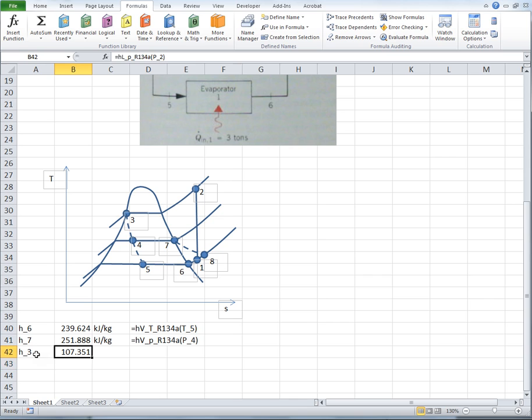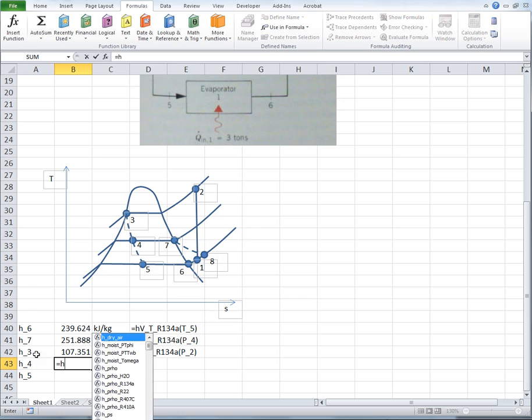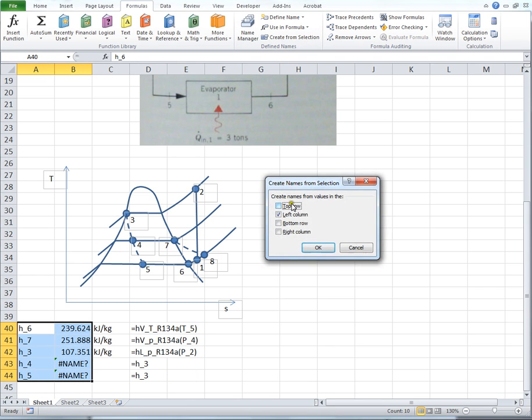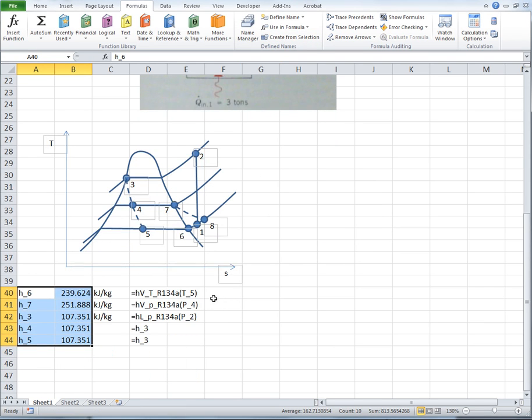Yep. So if you wanted to, and maybe it's a good idea, put H4 and H5, that's equal to H3. And when we put some names on here, that'll all clear up. Okay, so now we know those.